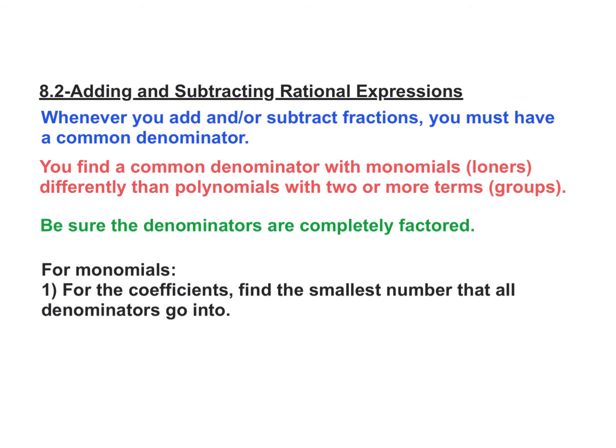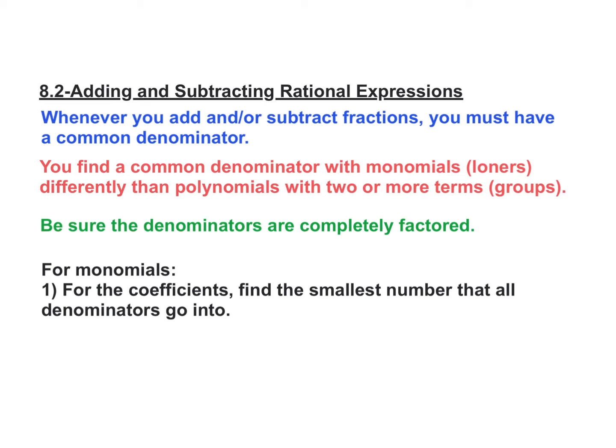Okay? So for monomials, for loners only, here's what you're going to do. For the coefficients, the numbers in front, you do it just like you did a regular fraction that had no variables in it. Find the smallest number that all the denominators go into. Just your regular lowest common denominator of the numbers.